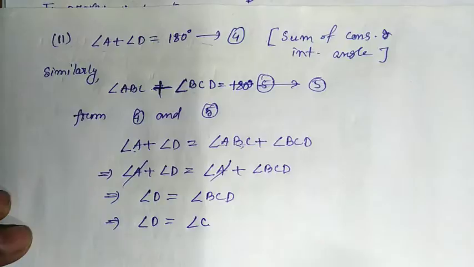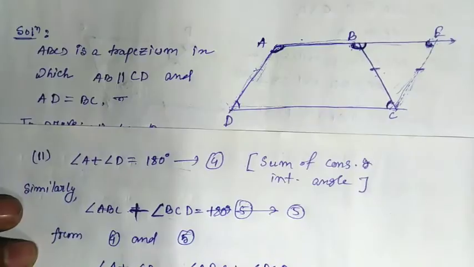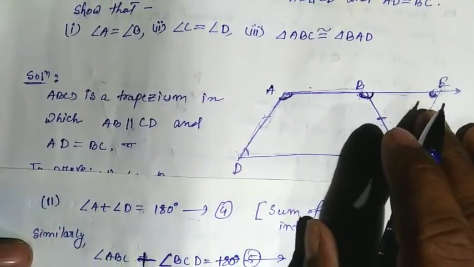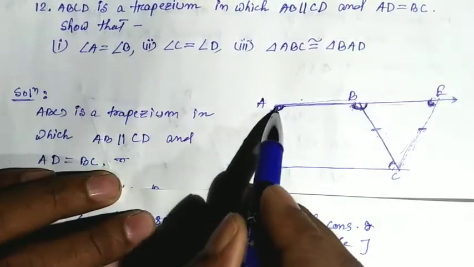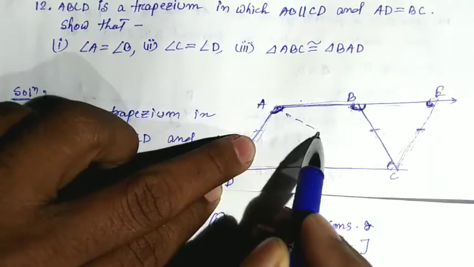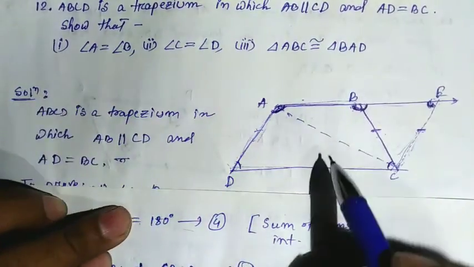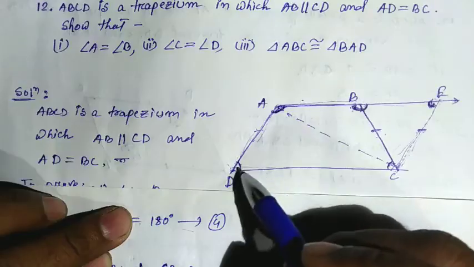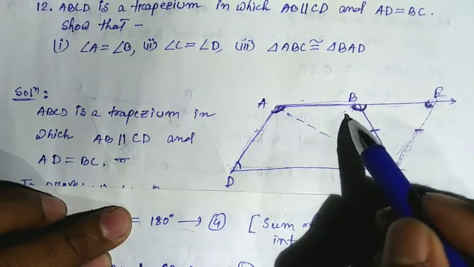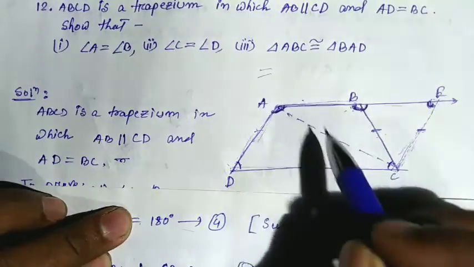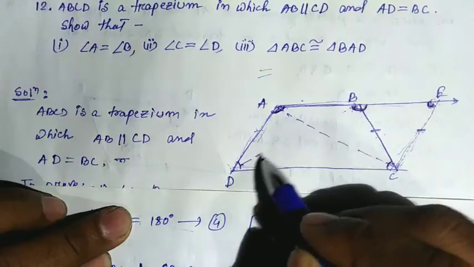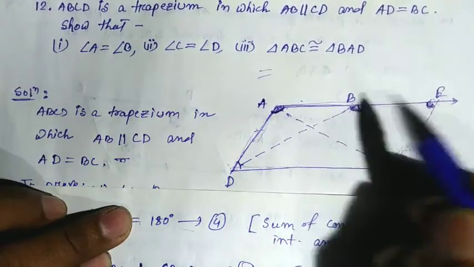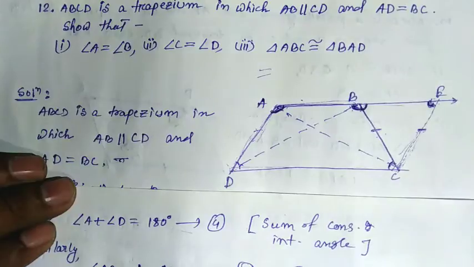Now in the next, question 3, we need to prove that triangle ABC is congruent to triangle BAD. Draw this figure separately for question 3: this triangle ABC and this triangle BAD.